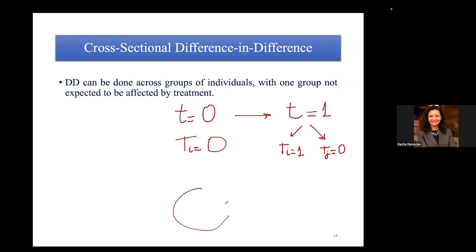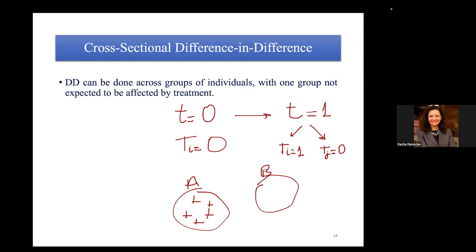So assume you have two cities, city A and city B. In city A, you need to make sure that no one in the city is expected to benefit from the program at all. So it is the same idea as being in period 0. You cannot have anyone benefiting from the program, as if the program was not implemented.